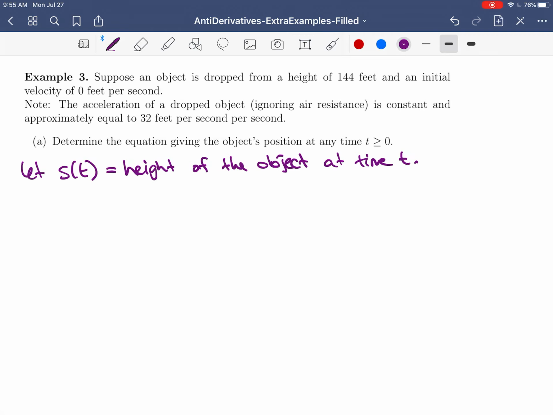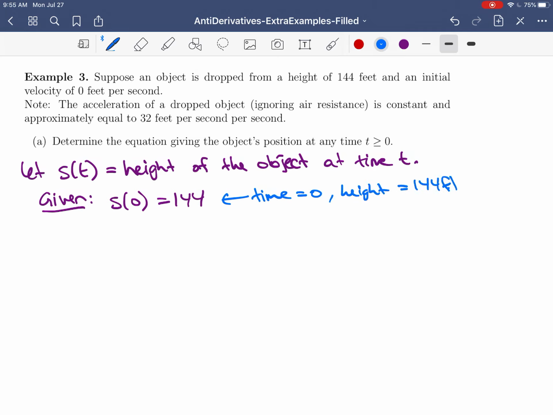Now, what we were given: before we drop it, the height of the building is 144 feet. So the object at time 0 has to be at 144. So I know that S of 0 is 144. So at time equals 0, the height is 144 feet. That's just before we drop it.